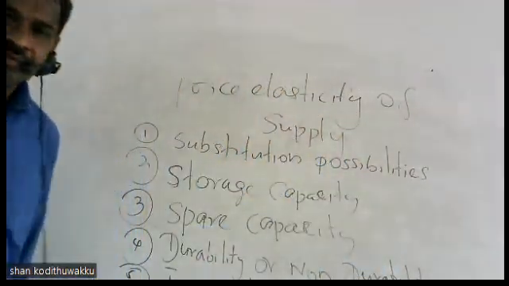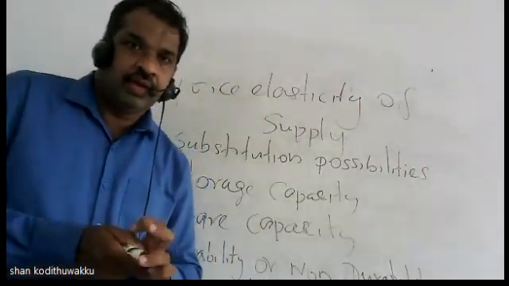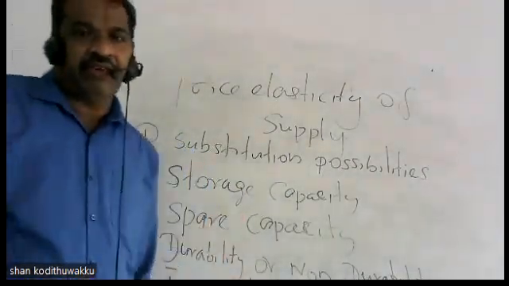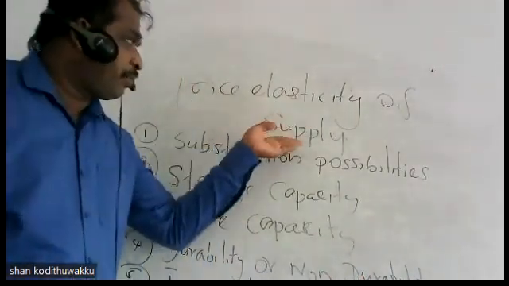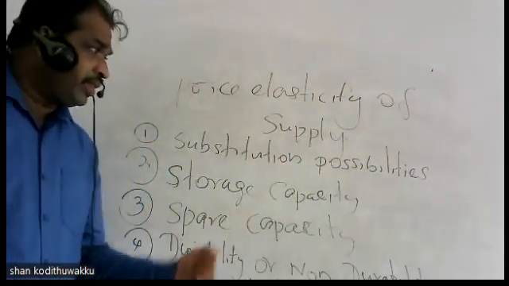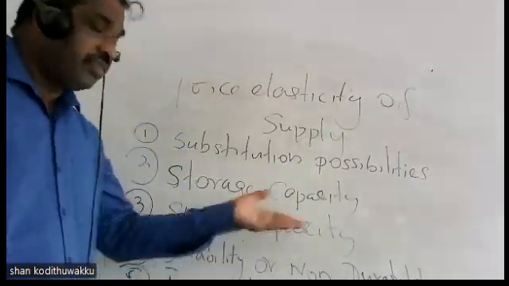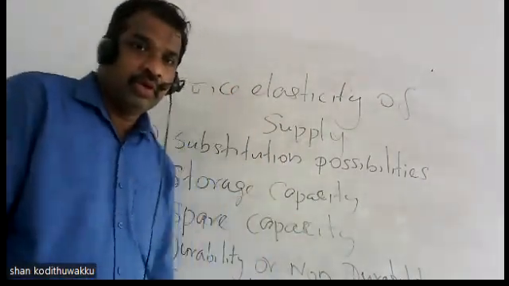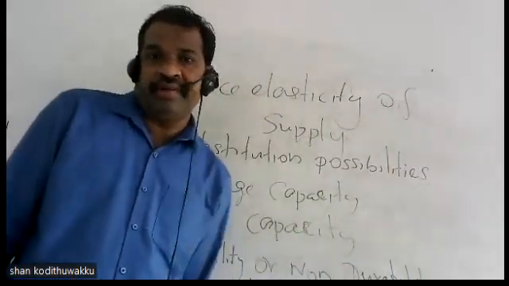Within the short run, the business cannot change their factors of production, resources. Therefore, price elasticity of supply will be inelastic. But during the long run, the businesses are in a position to change their resources. Therefore, price elasticity of supply will be more elastic during the long run, the long period.